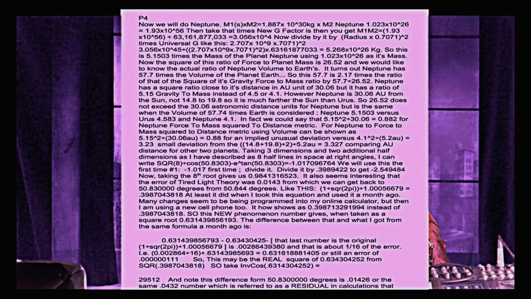For implied unusual deviation versus 4.1 squared divided by 5.2 AU equals 3.23, a small deviation from the 14.8 plus 19.8 divided by 5.2 AU equals 3.327 to 3.323, when we're comparing the AU distances for the other two planets. But this works out when we show the following table.